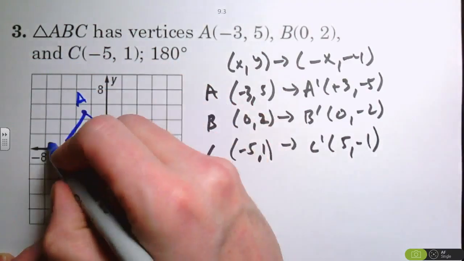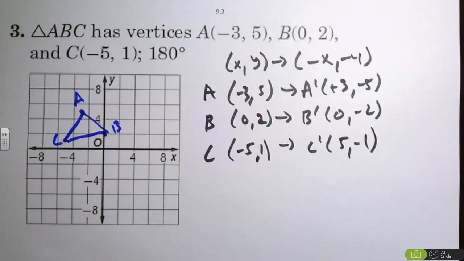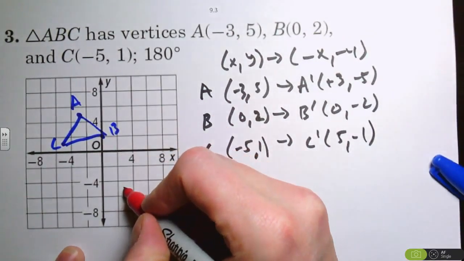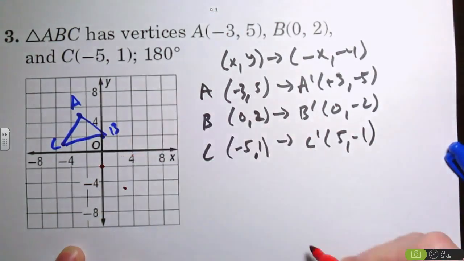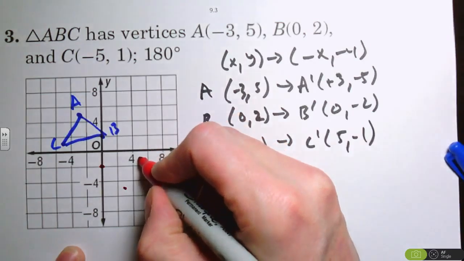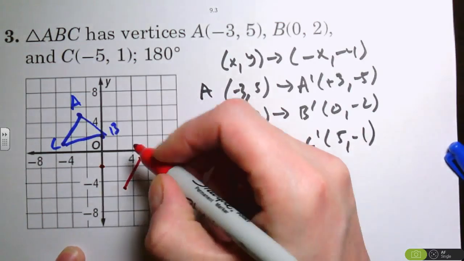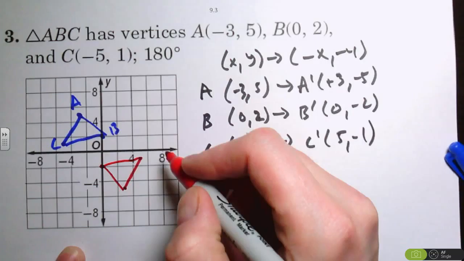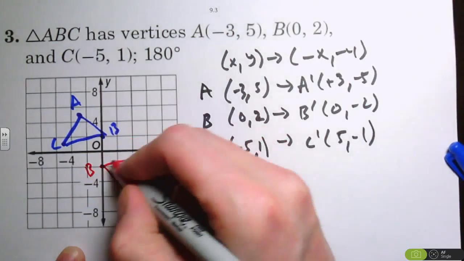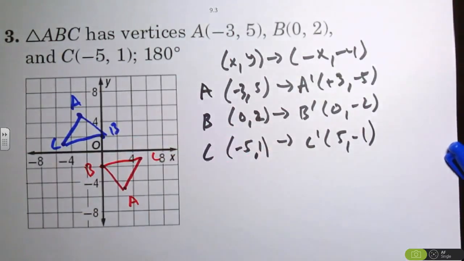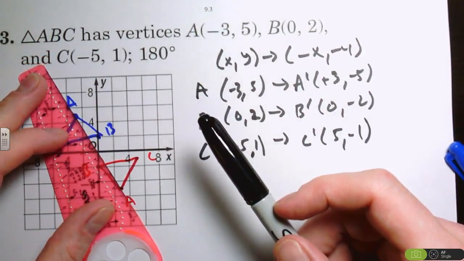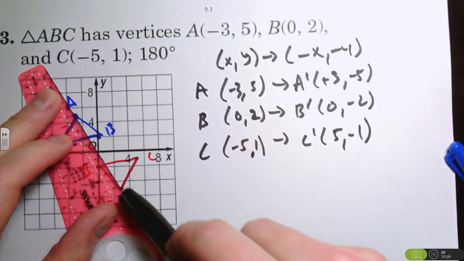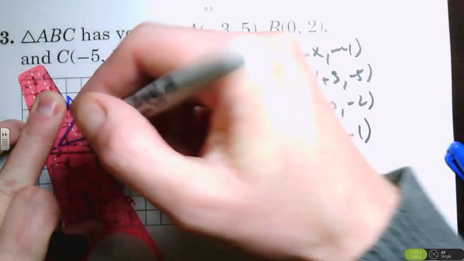A, B, C. Then 180 degrees is 3, negative 5 for A, 0, negative 2 for B, and 5, negative 1 for C. And this one's nice and easy, because if you try to connect any of the points, like A to A prime, it goes through the origin, and it's just a straight line.